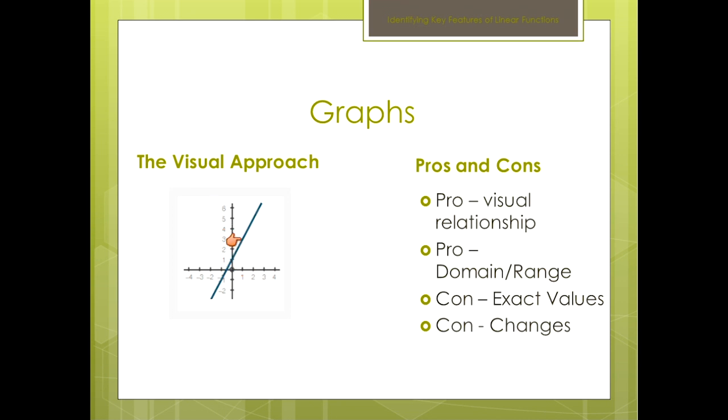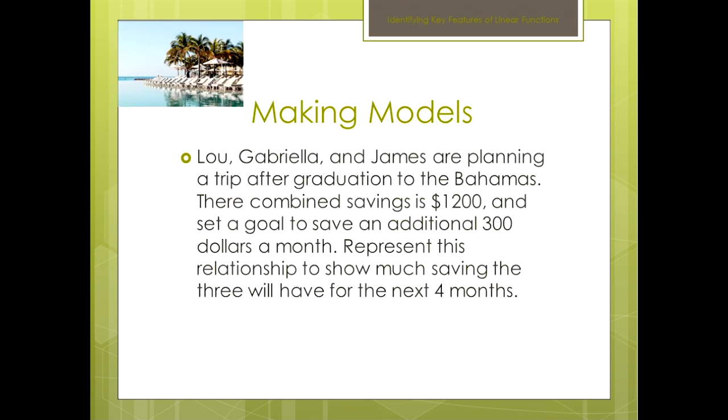But unless I scan in on this line, it's pretty hard for me to see the exact value unless I go directly to my independent, my dependent. And it's hard for me to make the change without the linear model. So there are pros about having a visual look into the linear model, but it does limit me on finding the exact values.